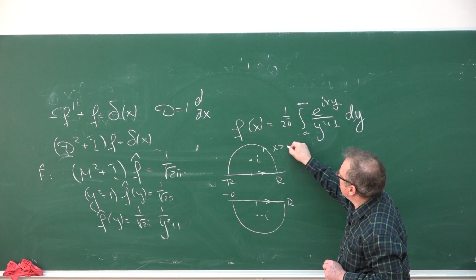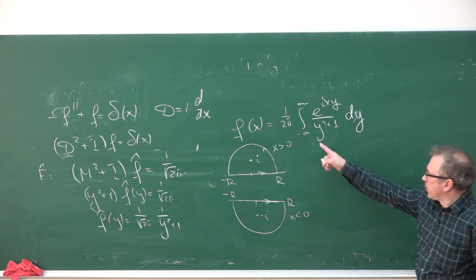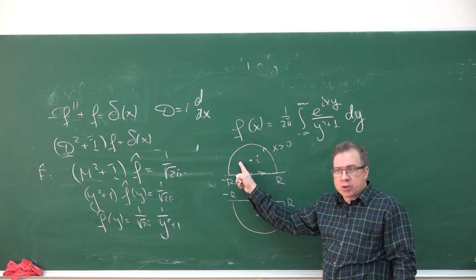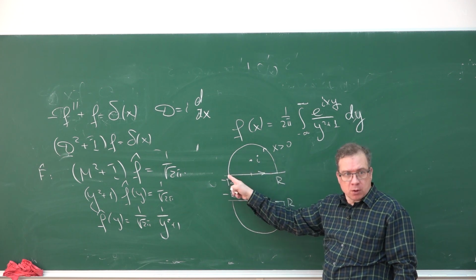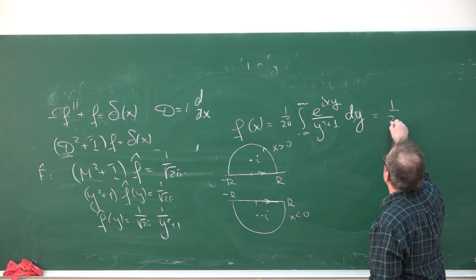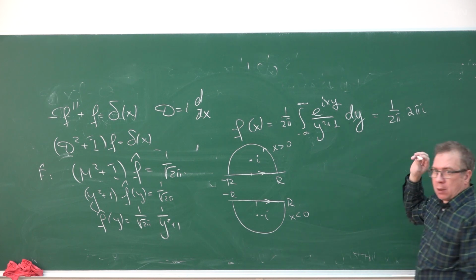It works for the positive axis, it works for the negative axis. For positive and negative x, this function exponentially goes to 0 on this part of the contour, on the half of the circle. So we have it as 1 over 2 pi, 2 pi.